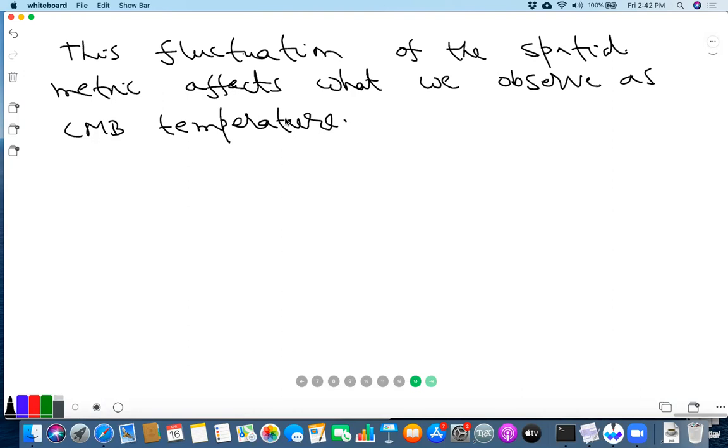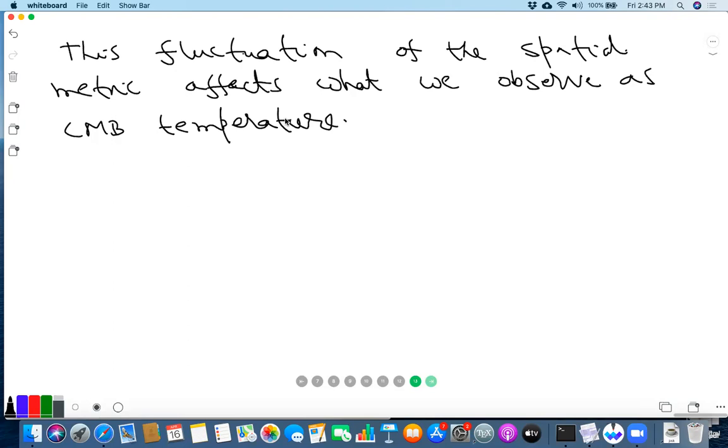So what we'll try to do is to see how this fluctuation in R evolves as a function of time, because ultimately we have to start from the horizon exit. We know how R fluctuates at the horizon exit, okay? And you have to evolve it up to the time of last scattering, because that's where CMB is coming from.